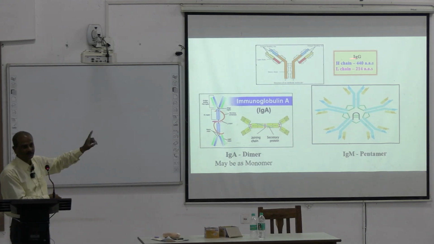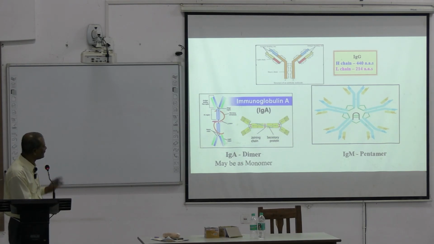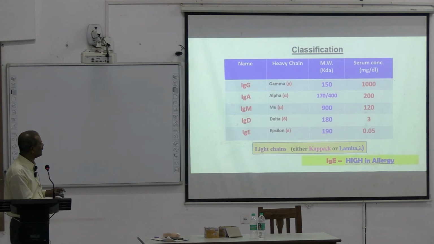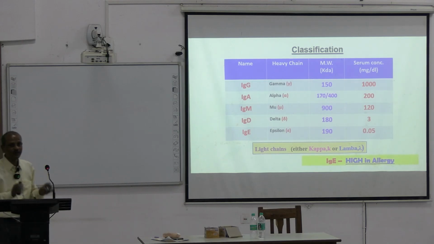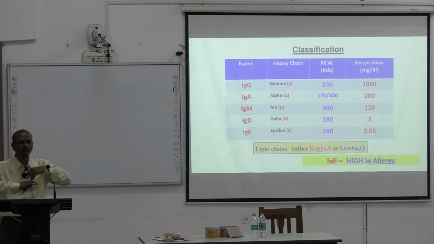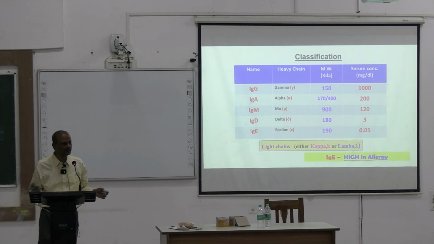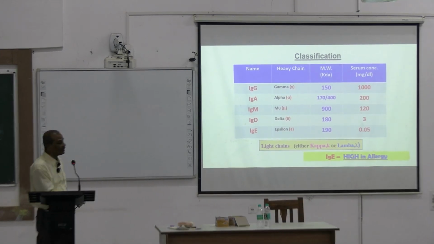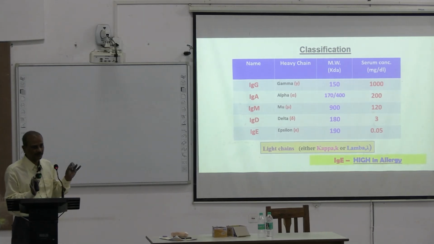IgG is a monomeric structure, IgD and IgE are monomeric structures, IgA is a dimeric structure. It can occasionally exist as a monomer, but it is a dimeric structure joined by J chain. IgM is a pentameric structure having 10 binding sites joined by the J chain. So now you see the level. Normally, since we mount an immune response to a large variety of antigens, IgG level becomes very high, of the order of 1000 milligram roughly, but it varies.